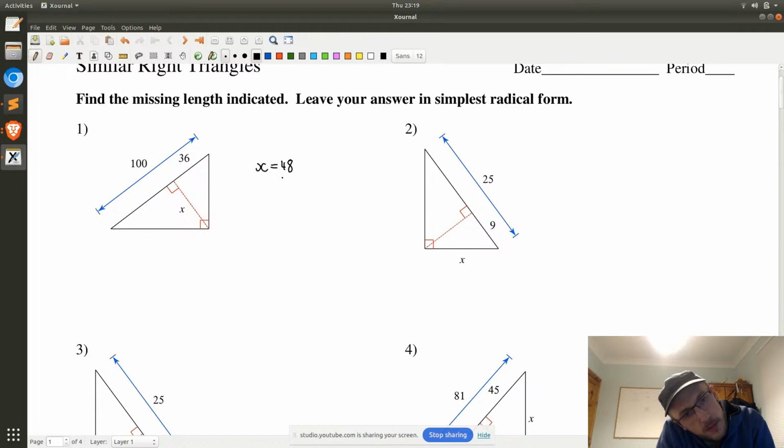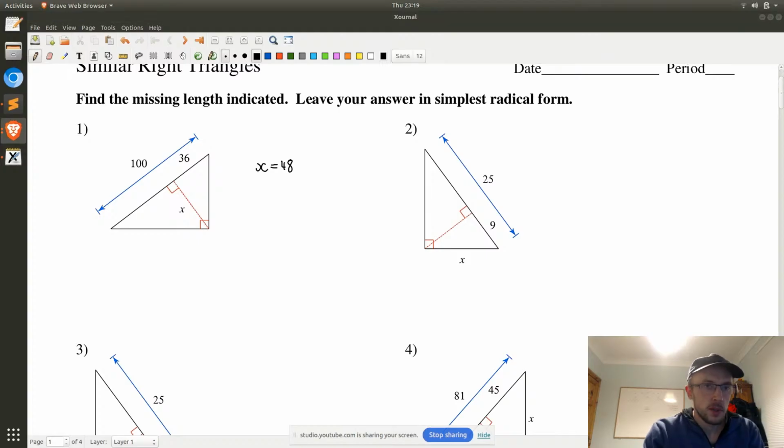That's 3 to 4. Really? I guess this is one fact that I've never known before.